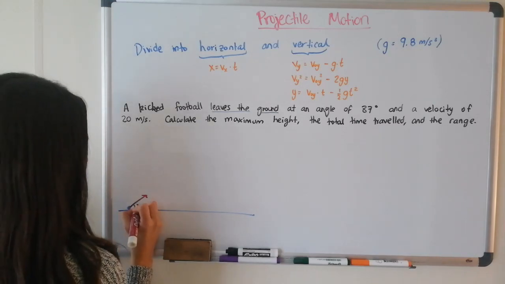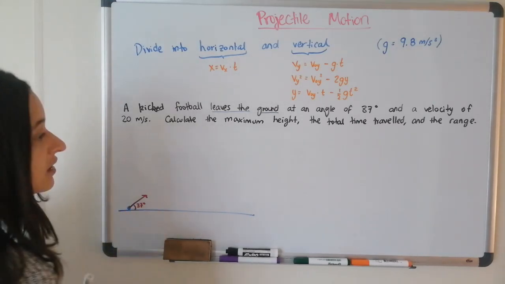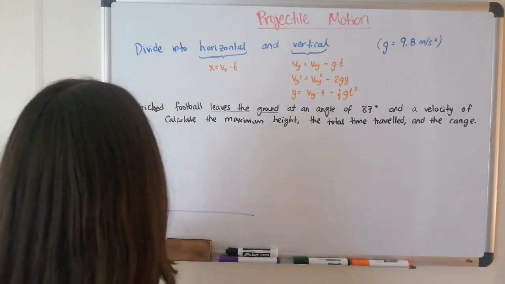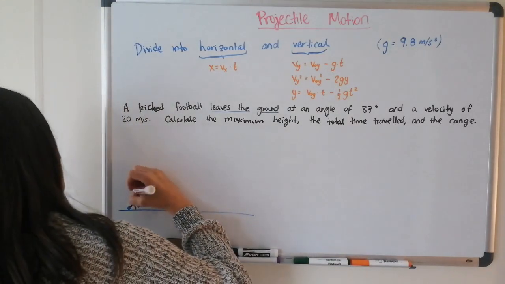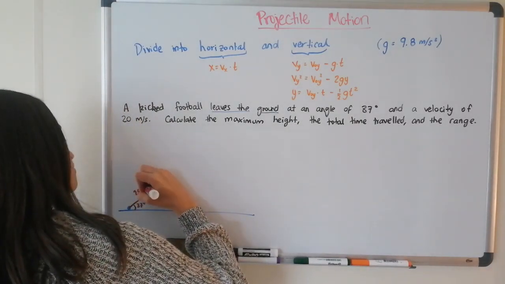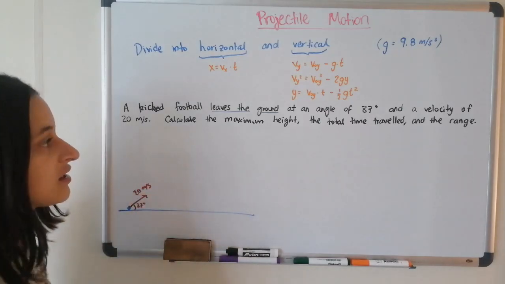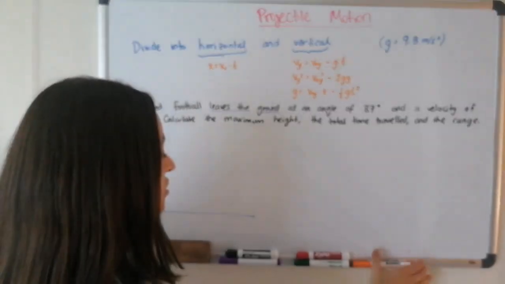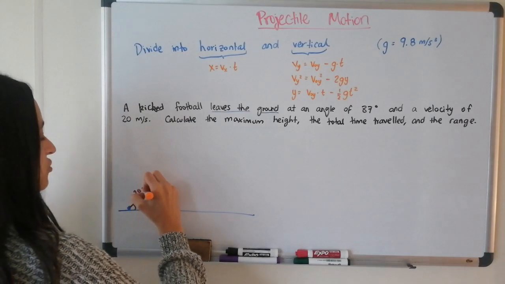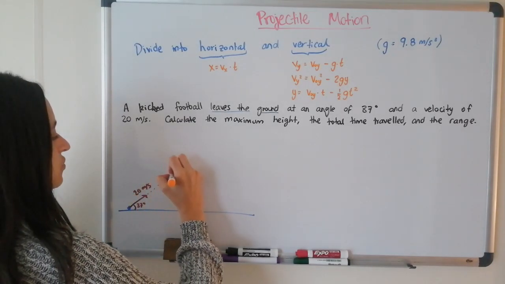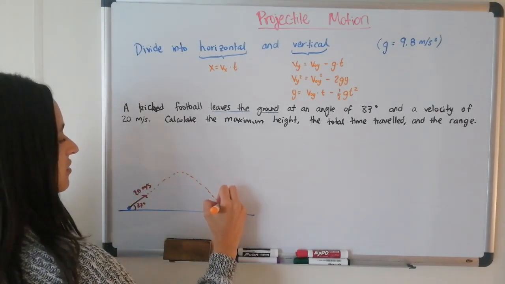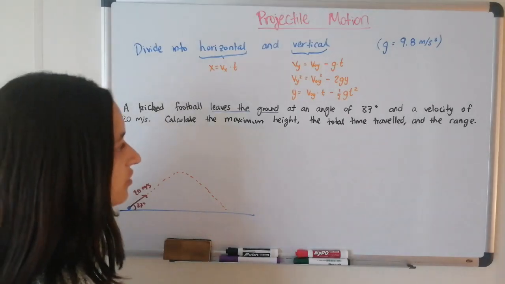It's at an angle of 37 degrees, right? And a velocity of 20 meters per second. So this arrow has a magnitude of 20 meters per second. And because it's projectile motion and because of gravity, it's going to go up to a maximum point and then come back down and fall back to Earth.